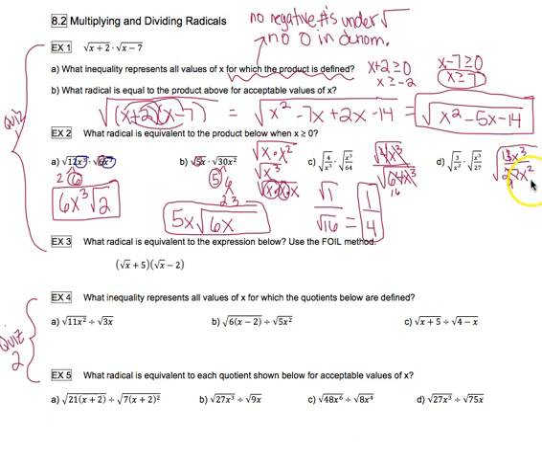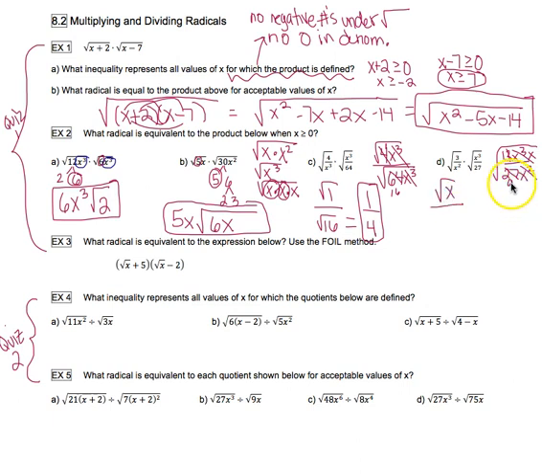Then I've got x cubed and x squared, so in these cases, remember when you have division, you subtract the exponent. So 3 minus 2, I have x to the first left in the top, so just an x. So I have 1x in the top, which is just x.